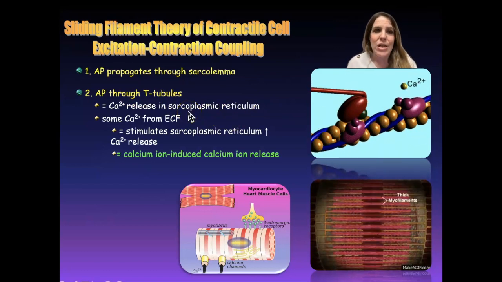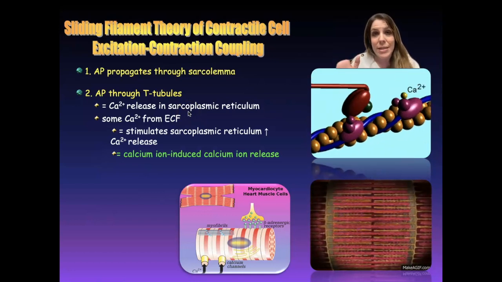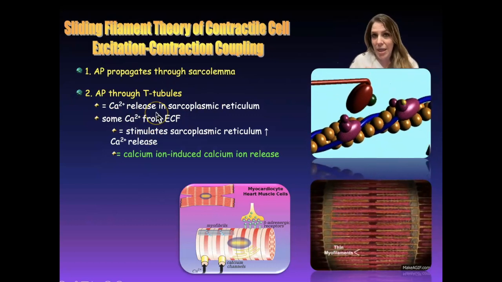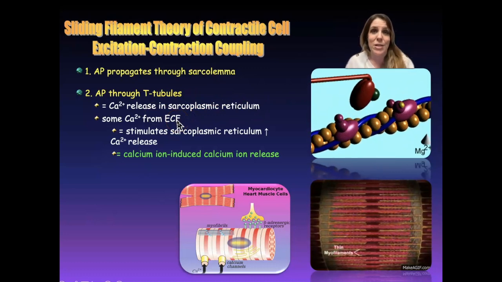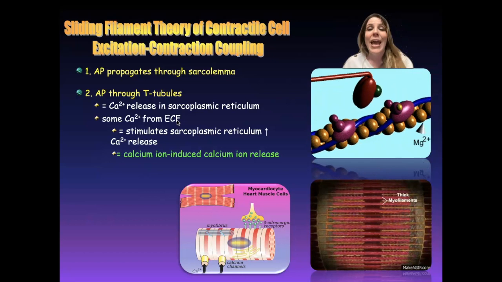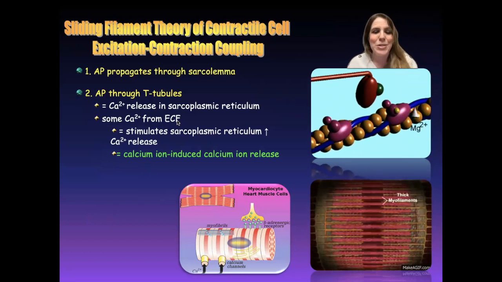In contractile cells, however, we're going to heavily rely on all that calcium that's in the extracellular fluid. And that's because there's really not that much generated by the sarcoplasmic reticulum of contractile cells, because there's actually not that much sarcoplasmic reticulum to begin with, and it's not connected that well to T-tubules compared to skeletal muscle cells.